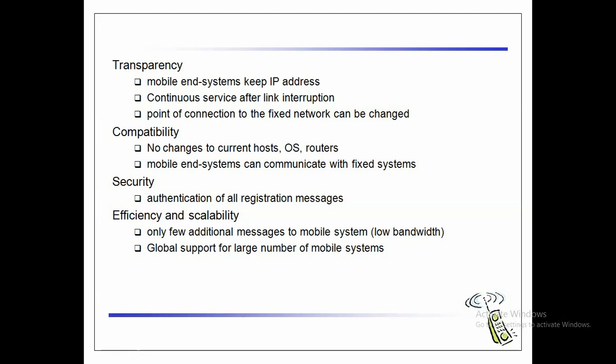Besides maybe noticing lower bandwidth and some interruption in service, the link interruption will be noticed. The mobile computer has changed its point of attachment to the network, and for TCP this means the computer must keep its IP address. The point of connection to the fixed network can be changed.